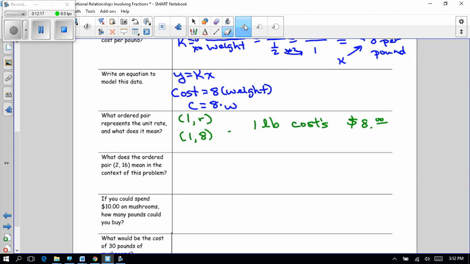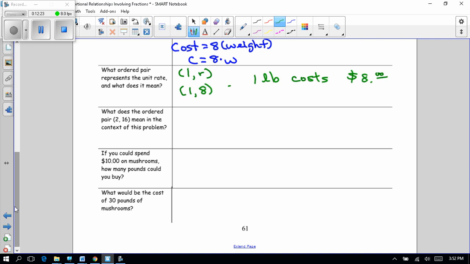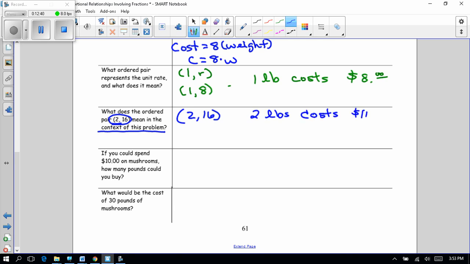All right, what does the ordered pair 2, 16 mean in the context of this problem? What does this mean? 2 is my first value. 2 represents the pounds. So 2 pounds costs $16.